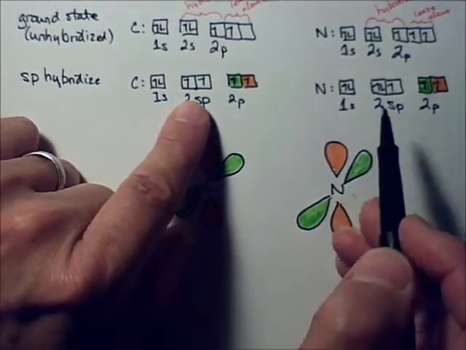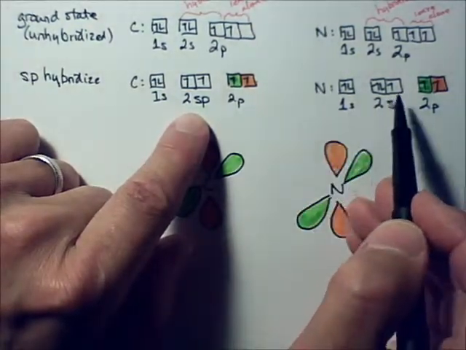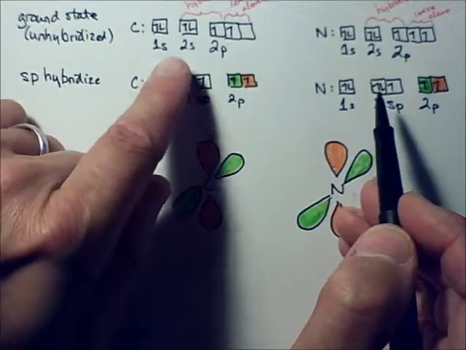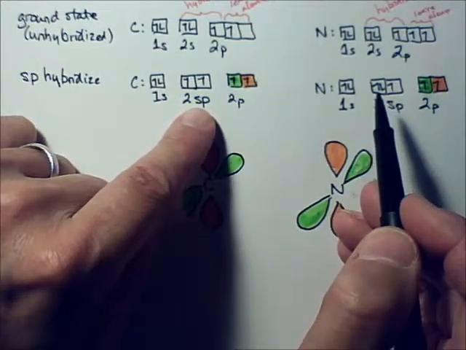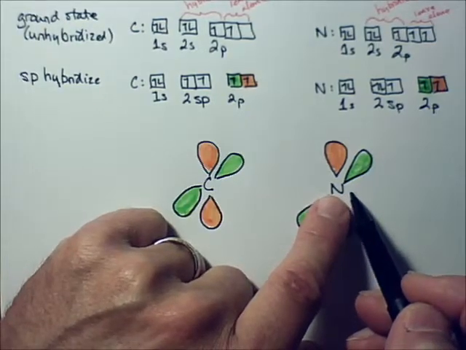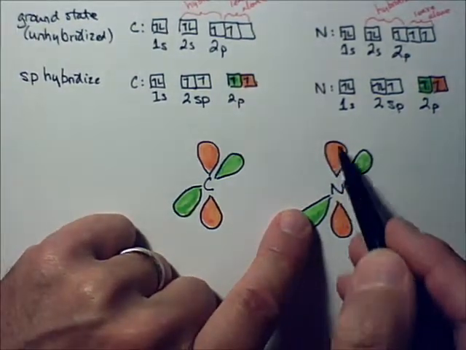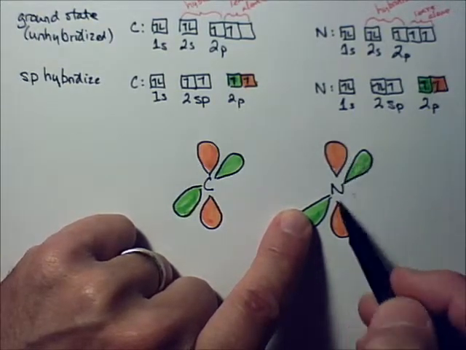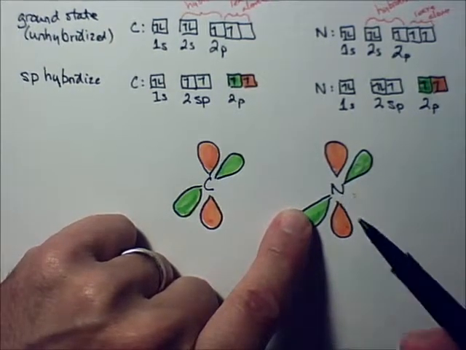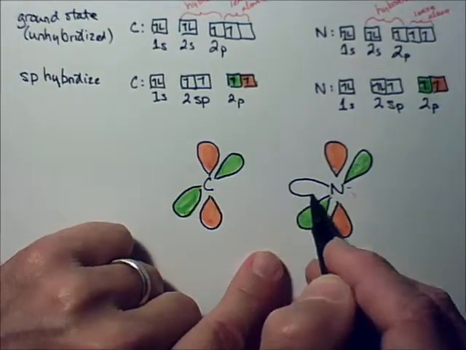The nitrogen has a set of two hybridized orbitals, and the carbon has a set of two hybridized orbitals. They're single balloon shapes, and we need to arrange them so they're as far apart as they can be from each other. Well, since this is on the x-axis, the y-axis, and this one's coming out toward you as if it's completely vertical, we need one that's going like this.